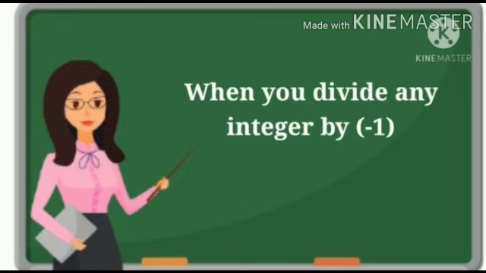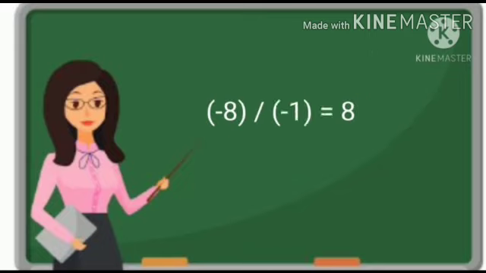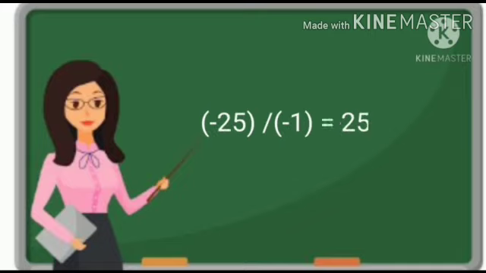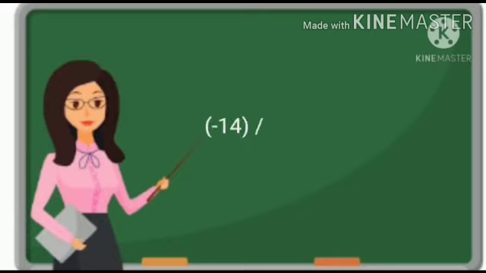What happens when you divide any integer by minus 1? Let us say minus 8 divided by minus 1 gives us 8. Minus 25 divided by minus 1 gives us 25. Minus 14 divided by minus 1 gives us 14. Minus 37 divided by minus 1 is equal to 37.